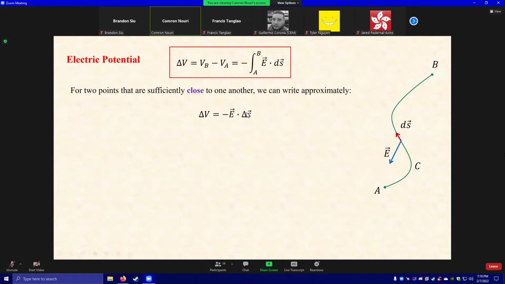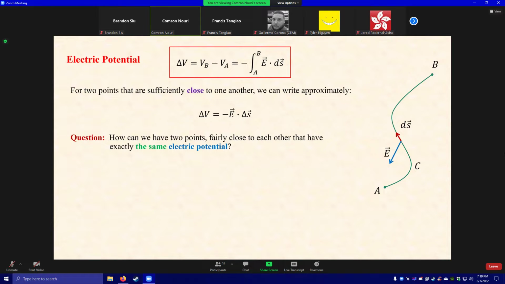And then if the 2 points are close to each other, you can say E is pretty much constant, and delta V becomes negative E dot delta S. But in magnitude, delta V becomes just E times delta S. So I usually ask this question.